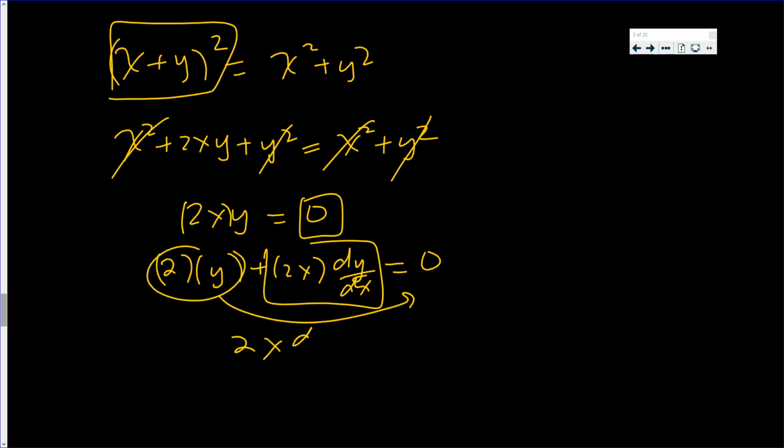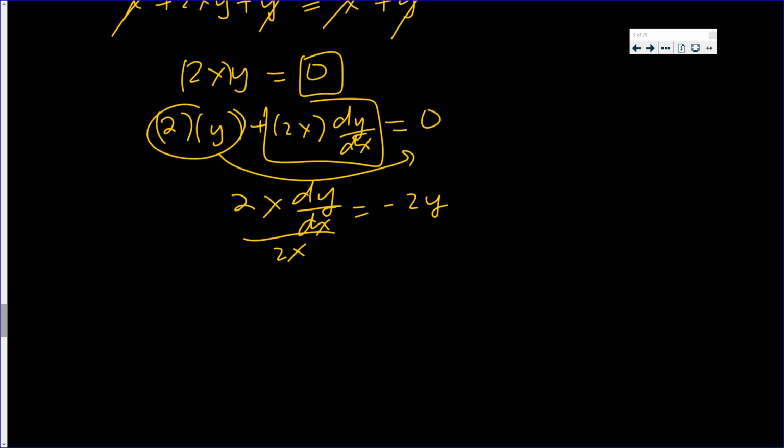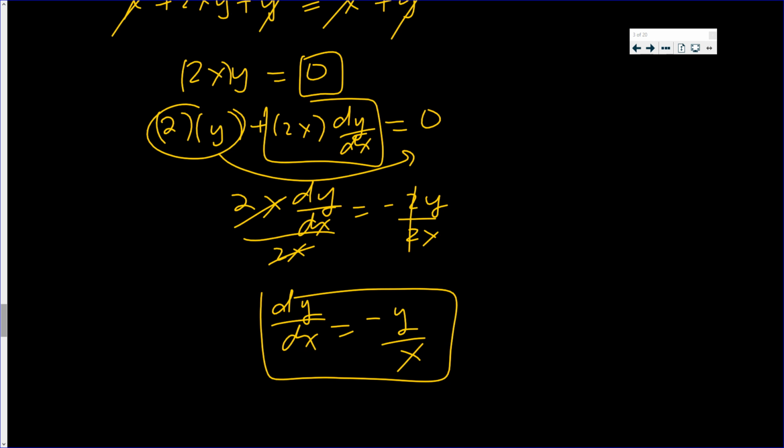So 2x dy dx is negative 2y. Divide by how many dy's you have, which is 2x of them, and you learn that dy dx is equal to, oh, the 2's really do cancel, negative y over x. In my opinion, this was a lot quicker.